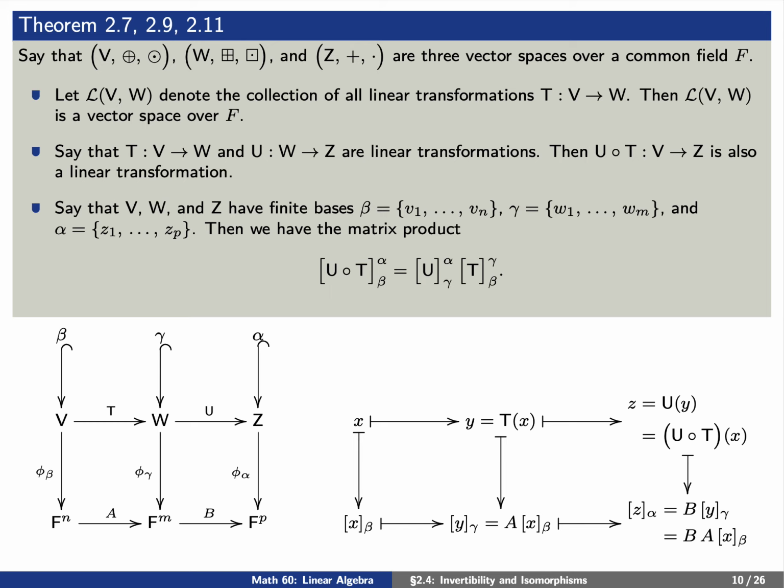We can also map horizontally from left to right by considering our linear transformations T and U. Those will correspond to two matrices, which we'll denote as A and B. The point is, moving from the left-hand column to the right-hand column corresponds to a product of matrices.